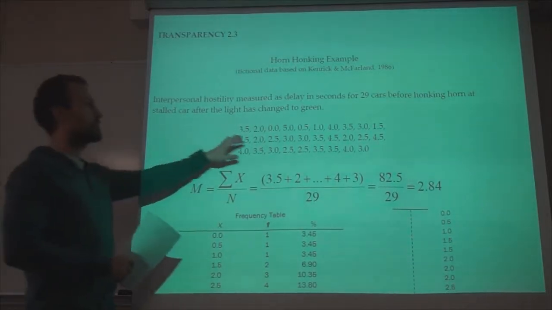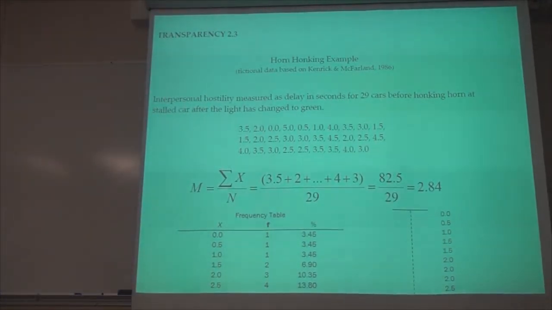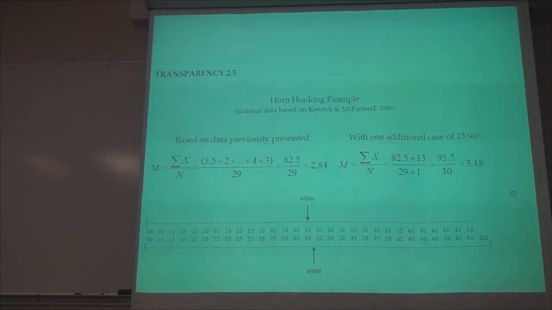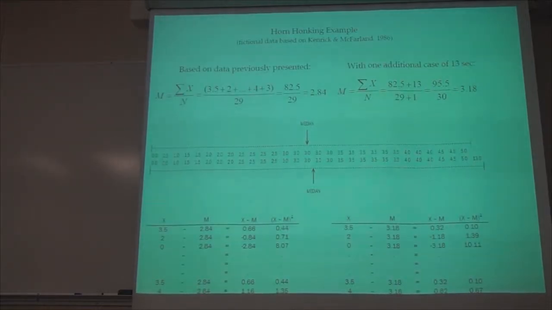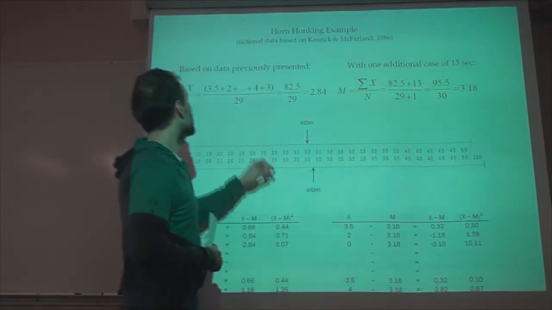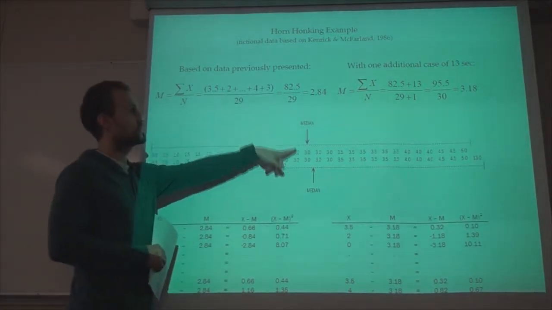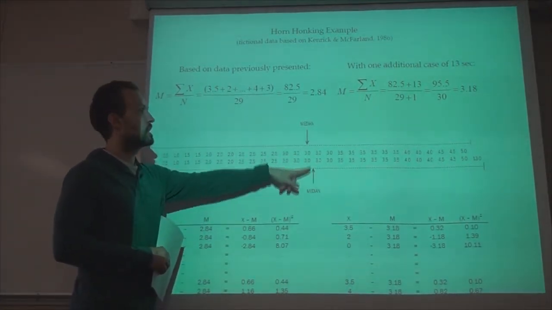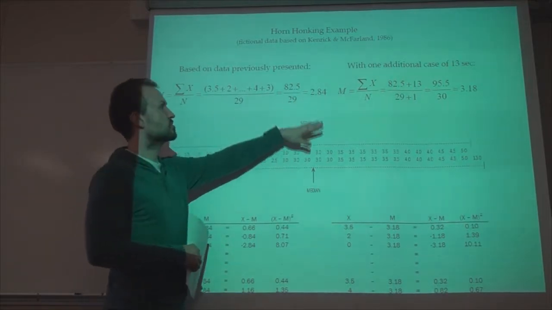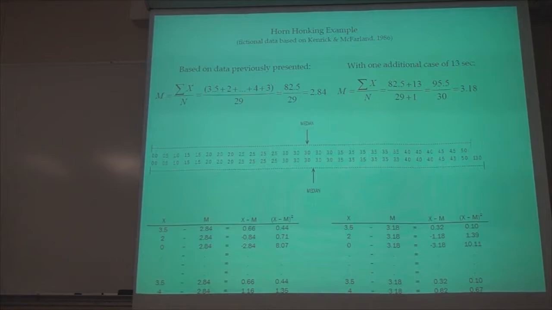Like I said before, if I add an extreme value, the one I had here was actually 13 seconds, not 10. If I add a 13-second result, then the mean changes quite a bit, but the median stays the same. But they're both sort of in the range of 3, so they agree fairly well.